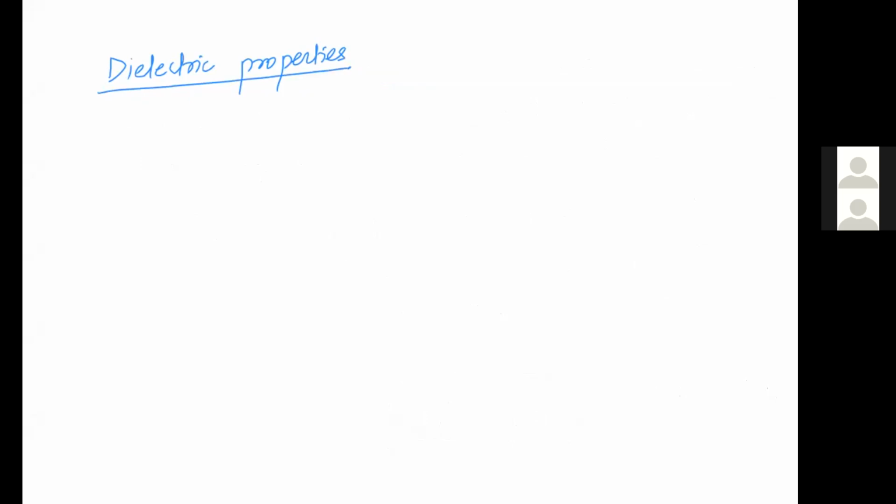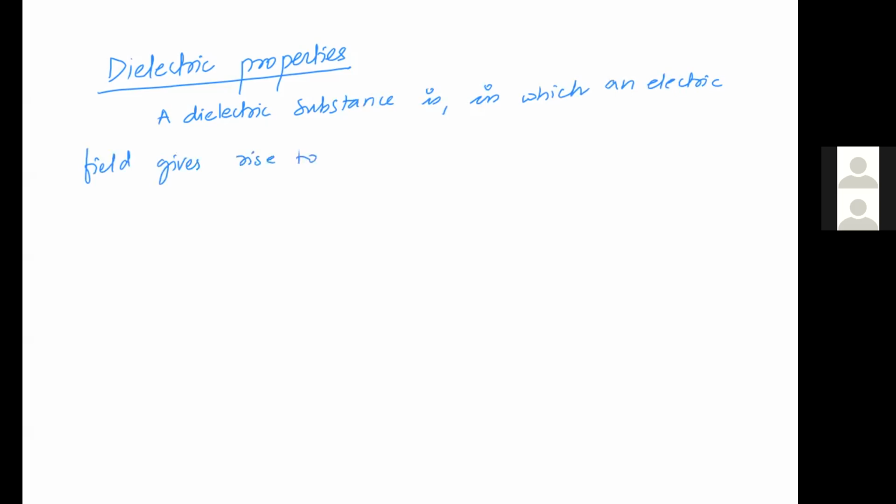So a dielectric substance is something in which an electric field gives rise to no net flow of electrons, no net flow of electric charge.